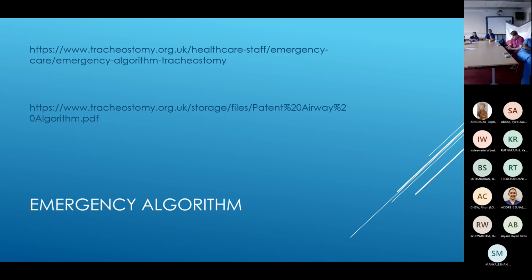The first one is the algorithm, isn't it? Sorry, it's the second link. This PDF file. It's a PDF file which says algorithm. One of them is probably this tracheostomy bundle, isn't it?